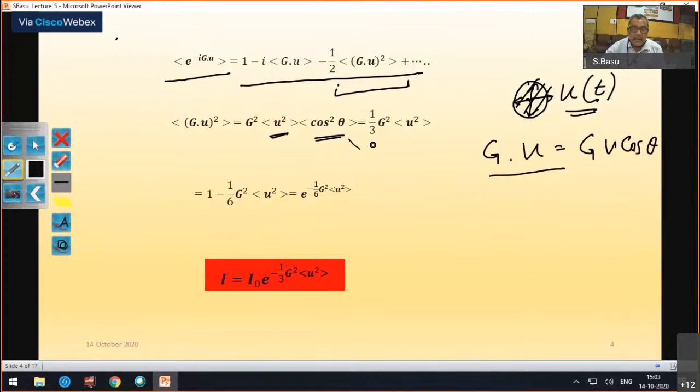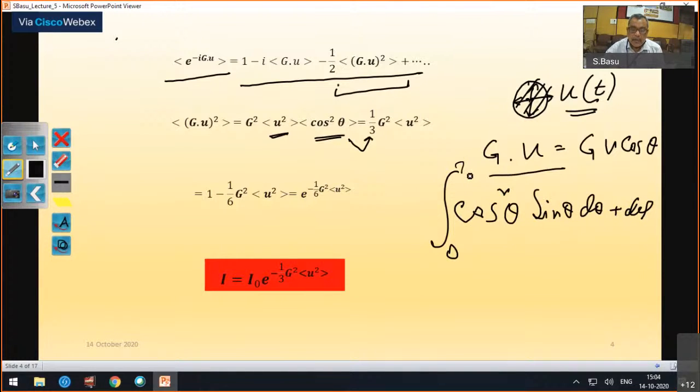Cos square theta average is nothing but the integral of cos square theta sin theta d theta d phi, with phi from 0 to 2 pi and theta from minus pi to pi, divided by 4 pi.